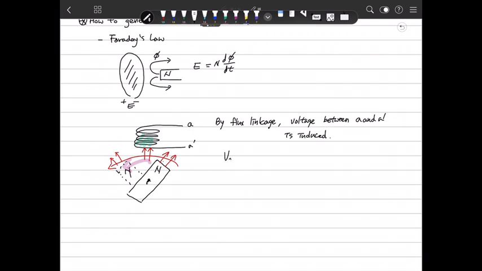So we define the voltage of A prime as N d phi over dt. So it's the same thing. This is Faraday's law.